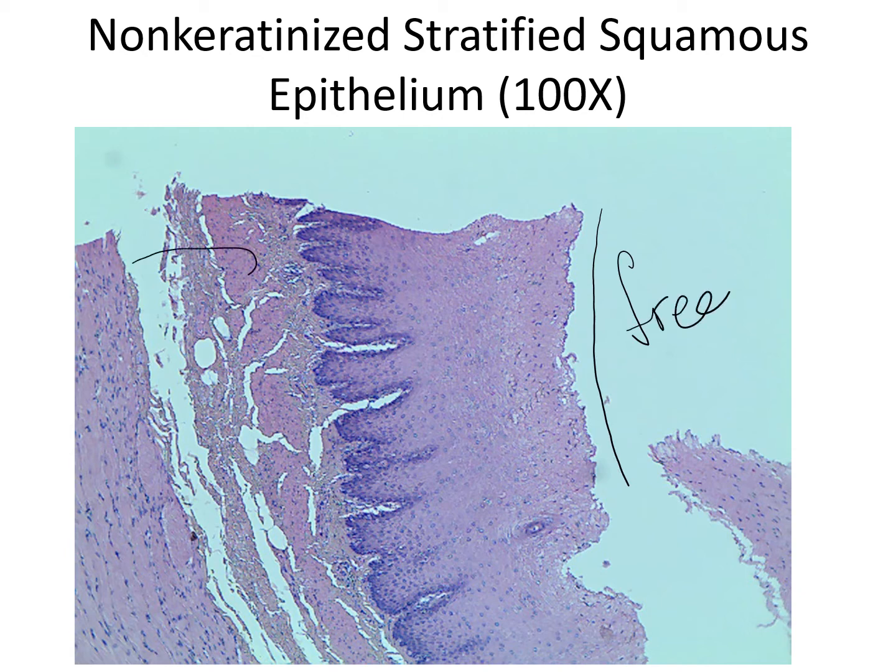Right, this is the connective tissue, so all this stuff is connective tissue, and from this point to this point, this is my stratified squamous epithelium, and because I see nuclei even on a very top layer of the cell, it's not keratinized. Right, okay, non-keratinized stratified squamous epithelium.